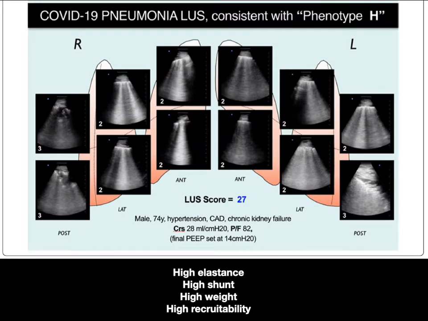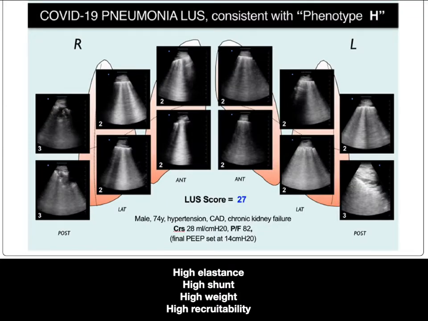The other group is the H phenotype, which is the high elastance, which is the low compliance group, and these are the ones where you have many more B lines, as you see here.